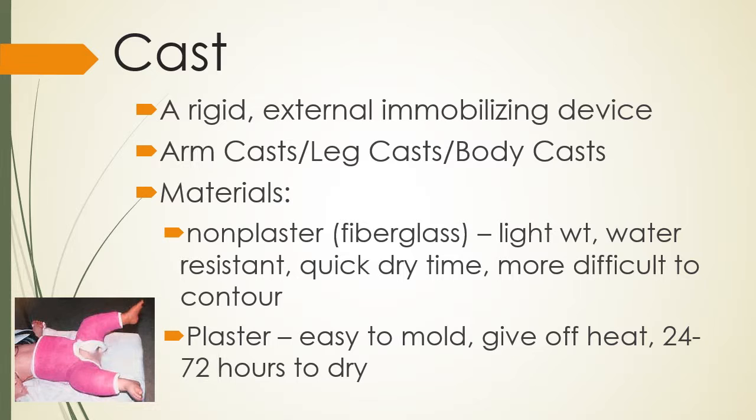If they have an open reduction, then they're going to have internal or external fixation. If they have closed reduction, likely that's going to mean they need to have a cast. So we haven't opened the skin at all, and then we're going to cast it after they have reduced it, meaning they realigned it, and now we're going to cast that extremity.